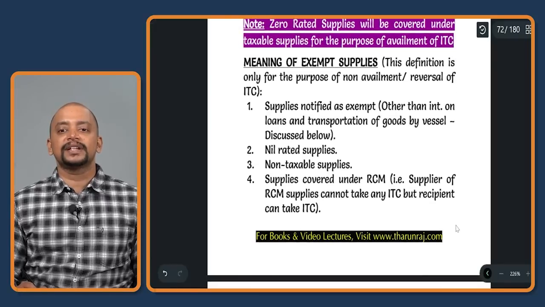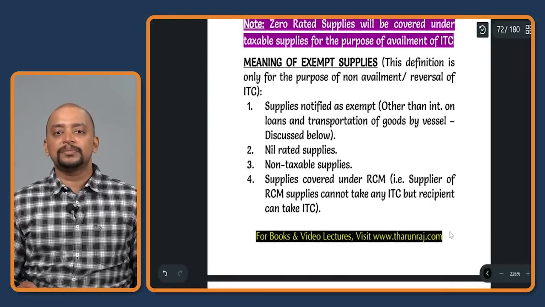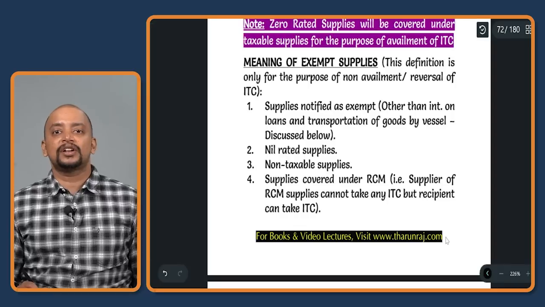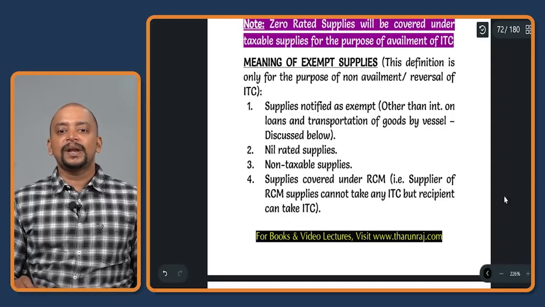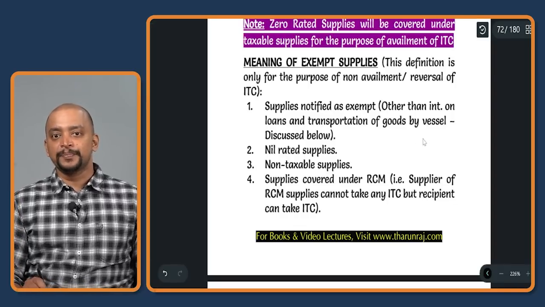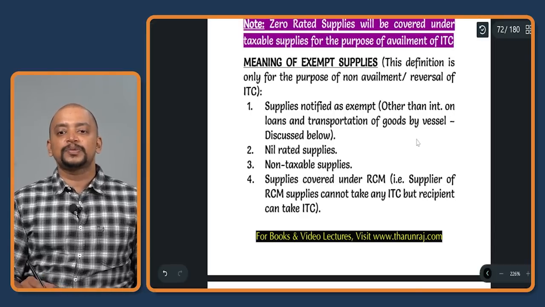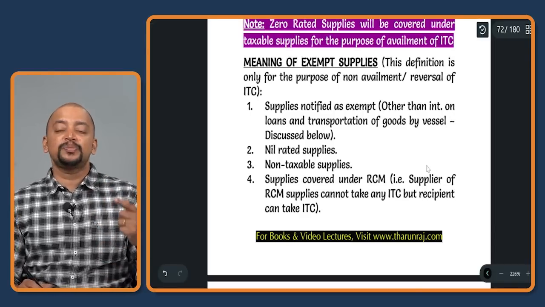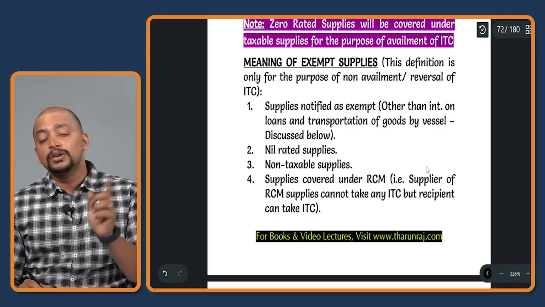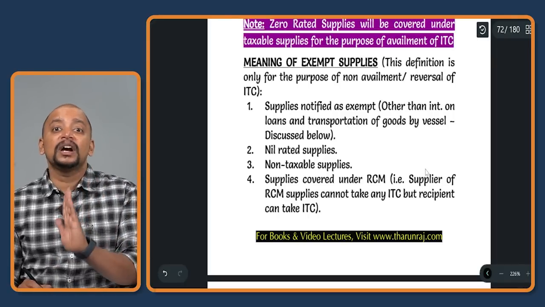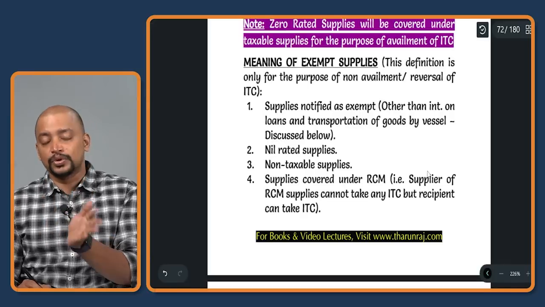Then what is the meaning of exempted supplies? The meaning of exempted supplies is for the purpose of reversal of ITC. Number one, supplies which are notified as exempted, other than interest on loans and transportation of goods by vessel from India to outside India. But remember, transportation of goods by vessel from India to outside India is exempted only up to 2022.